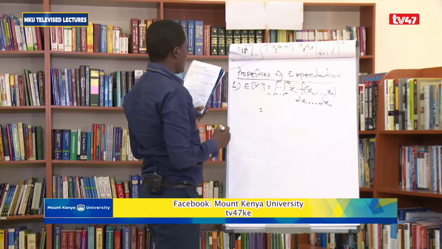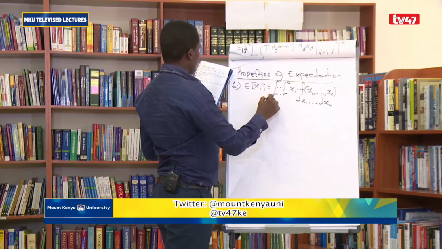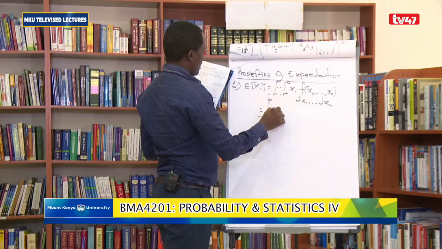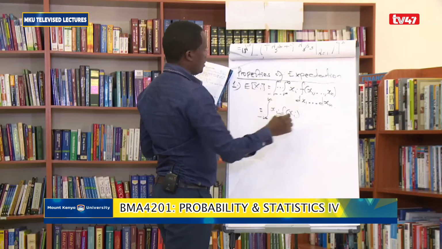This is the same as the integral from negative infinity to infinity of xi fi of xi dxi.